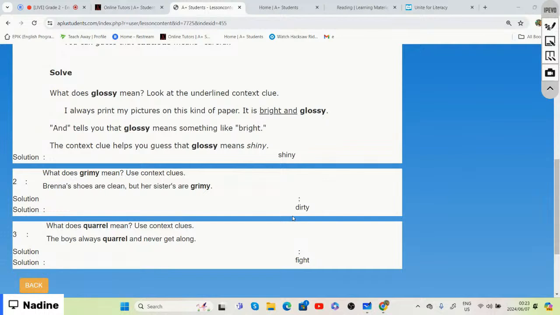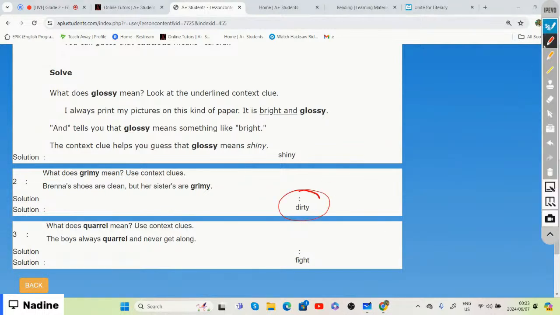All right. So if we look at the word grimy, not glum, grimy, then it means that grimy is something that is dirty. So dirty it is.